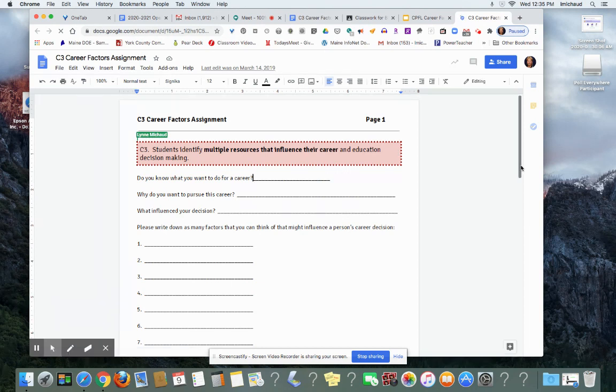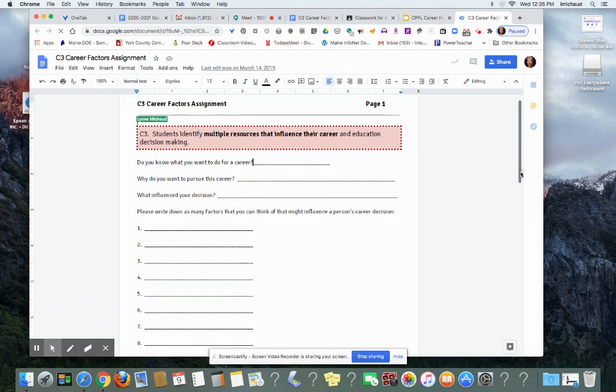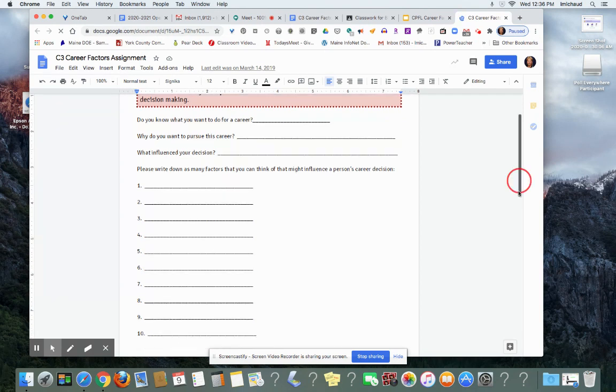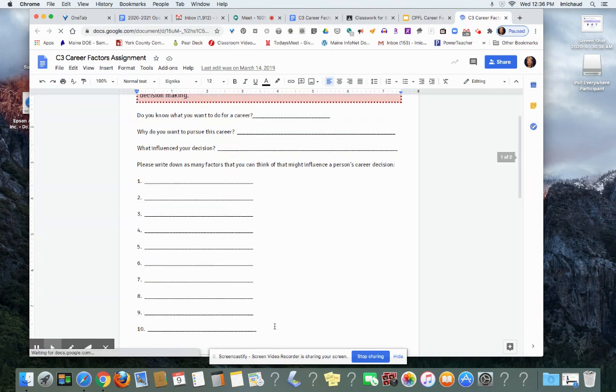But then I would like you to brainstorm factors as to why someone might be influenced to pursue a particular career. So write down as many factors that you can think of that might influence a person's career decision. So write them down here, please.